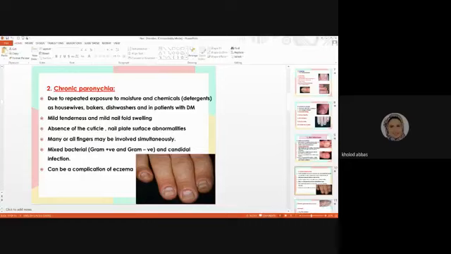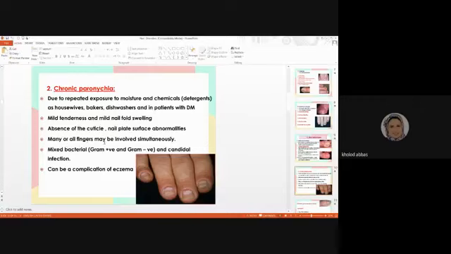Here there is mild tenderness. Usually there is little redness and a little swelling, but there is no tenderness, pus collection or inflammation as in acute paronychia. We can find loss of the cuticle, nail surface abnormalities and alteration, roughness, and swelling of the nail folds.